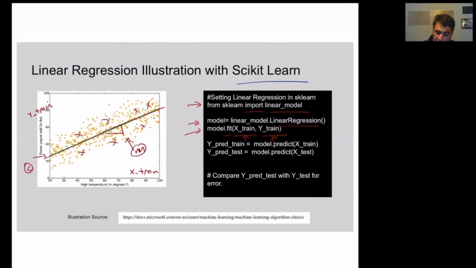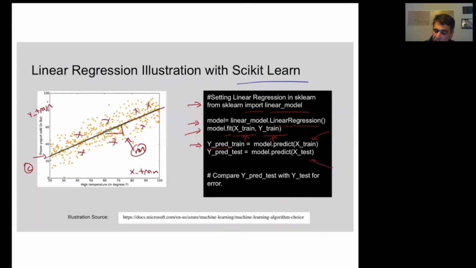And when it calculates those values, it has basically learned from all of these data points that you put in. And then if you would like to do predictions, you can put in values of X and get predicted values out. You can get the whole array of predicted values out.